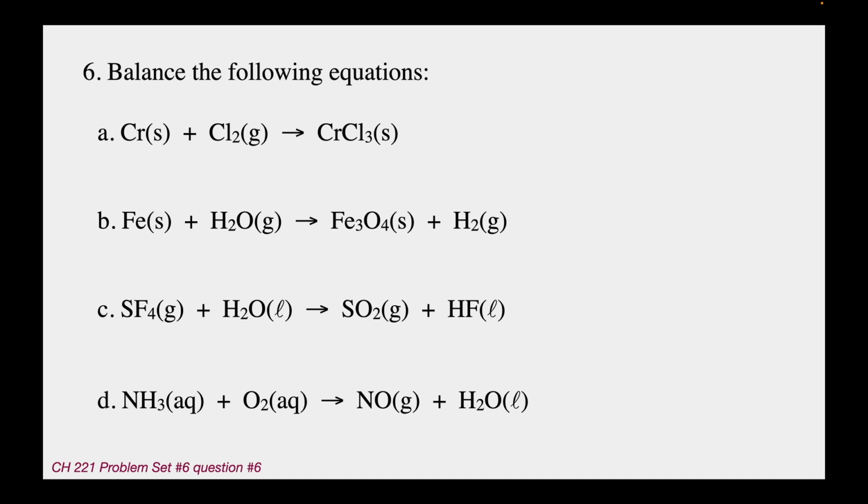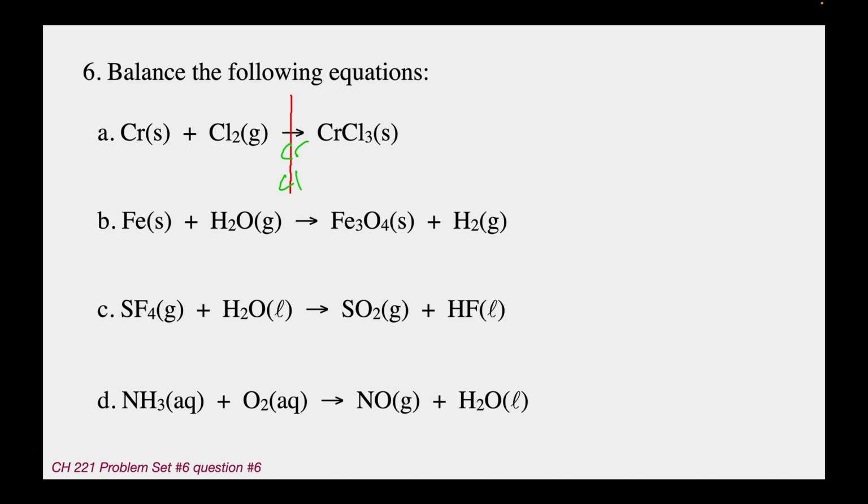Now, one thing you can do on these, which is always okay to do, and I do it myself, is I create a ledger. What I do is put a line down the middle, and then I list the types of atoms which are on both sides. So in this reaction, there's only chromium and chlorine. It's pretty chill. And then I'll literally count the atoms on both sides.